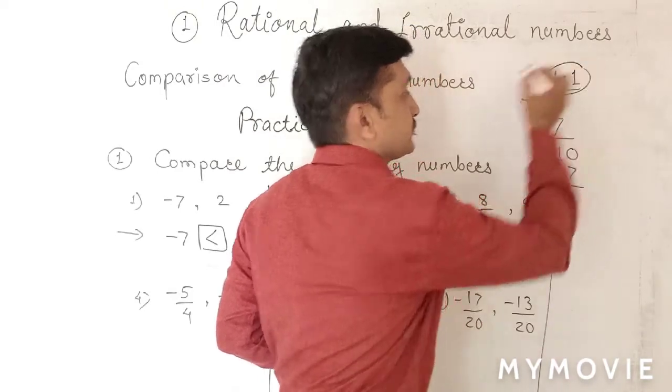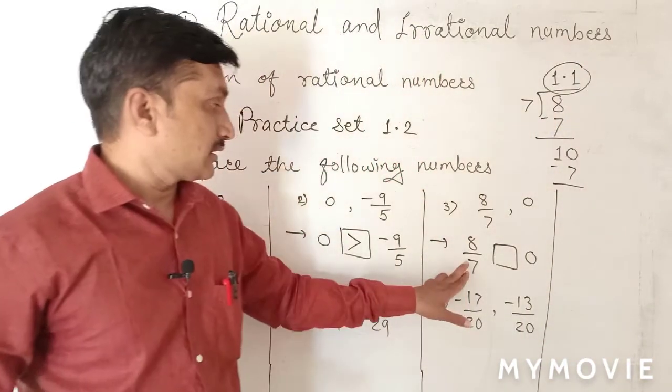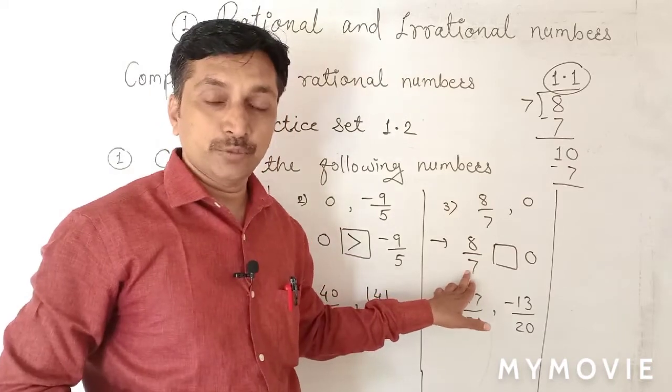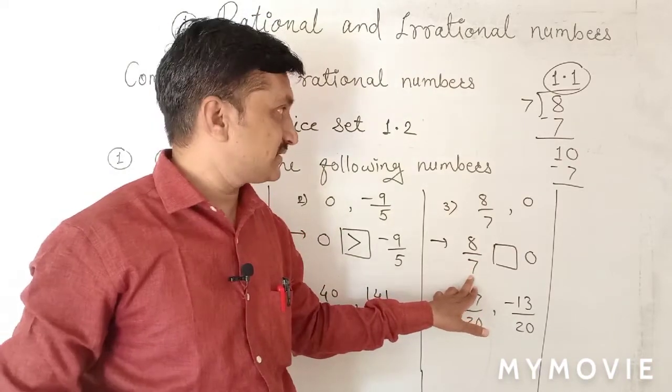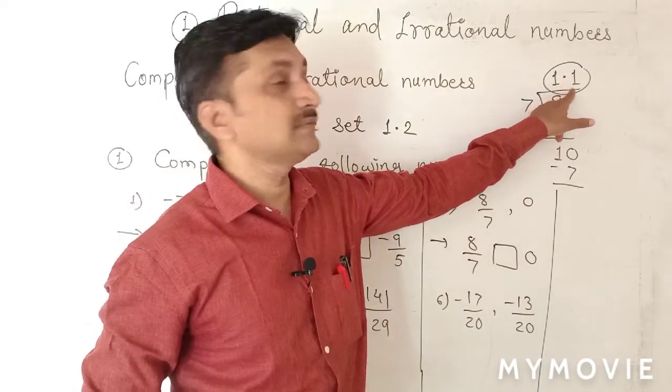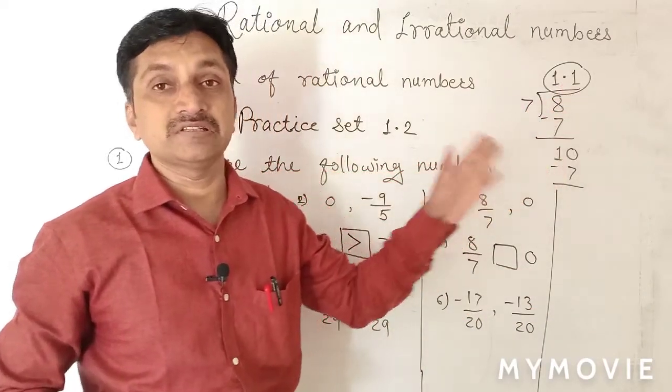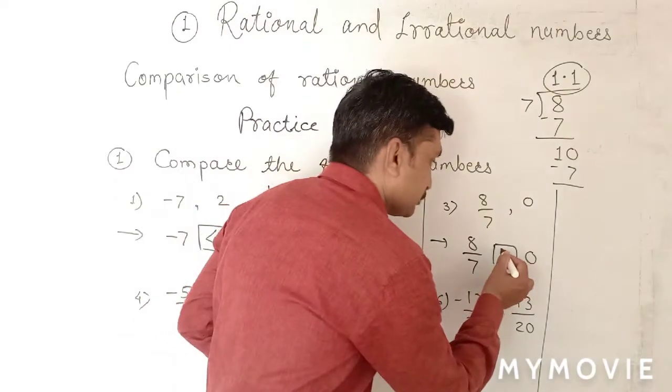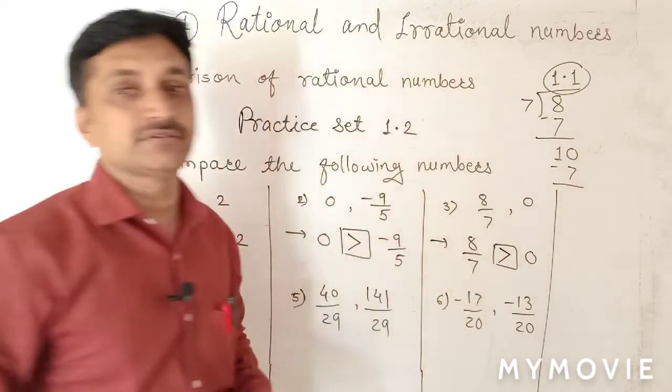Okay, now see here 1.1. Now the reduced value of this is 1.1 and here is 0, and now you know 1.1 is greater than 0. That's why 8 upon 7 is also greater than 0.